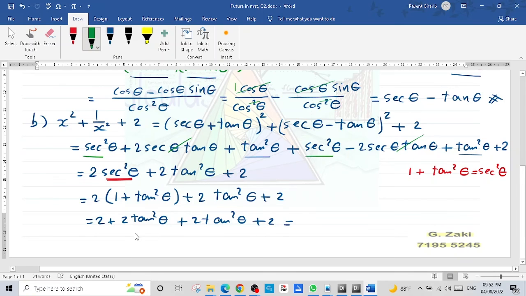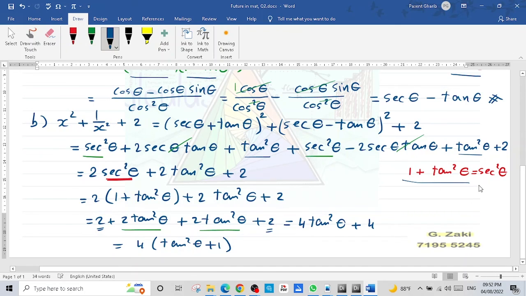Collect the like terms. 2 tan squared plus 2 tan squared is 4 tan squared theta. Also, positive 2 plus 2 is 4. We take 4 as a common factor, open bracket, so it becomes tan squared theta plus 1. We know that tan squared theta plus 1 is sec squared. Then the final answer is 4 sec squared theta.